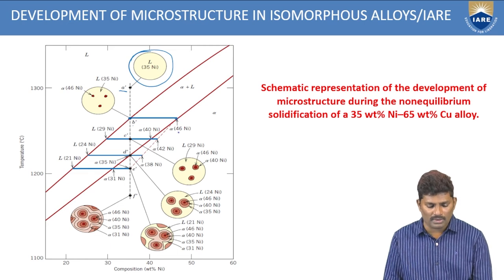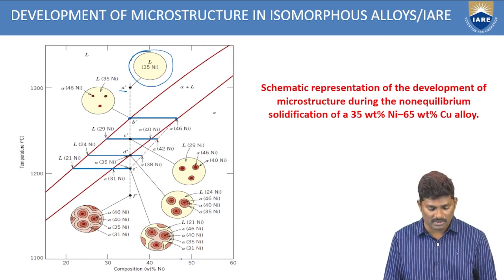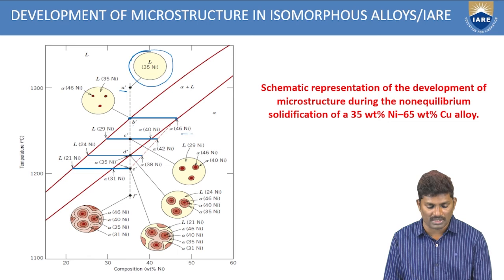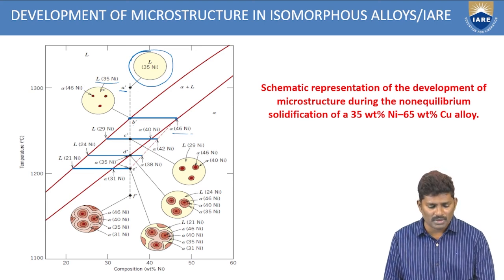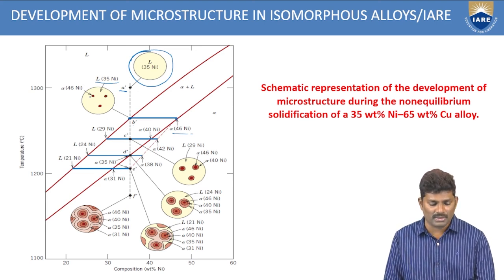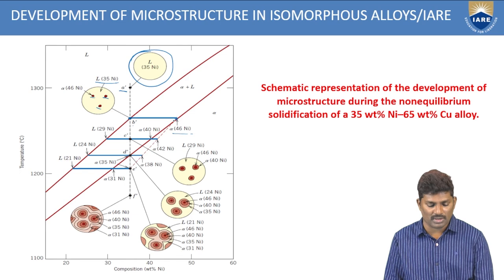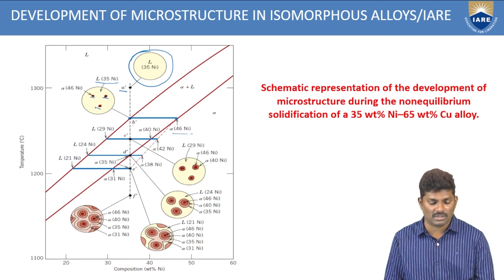Along the horizontal line, you get 46% of nickel and the remaining will be 35% of liquid nickel. So 46% of nickel is in the solid form, since this is the solidus line, and the remaining liquid is 35% here. That is what you represent at this point.